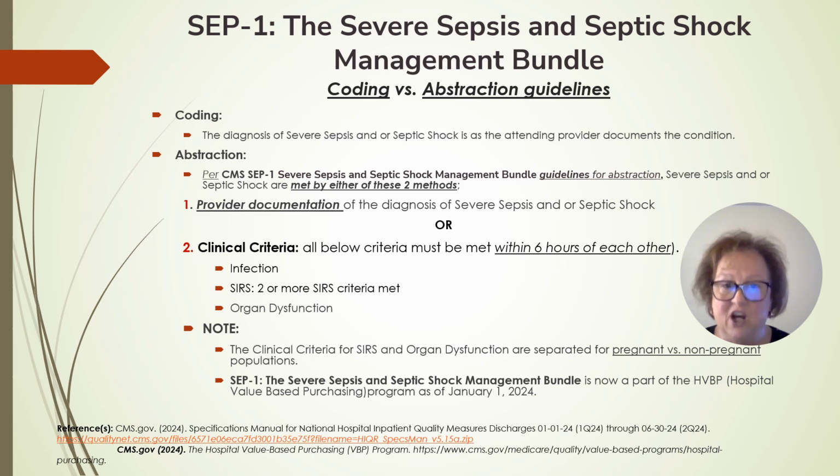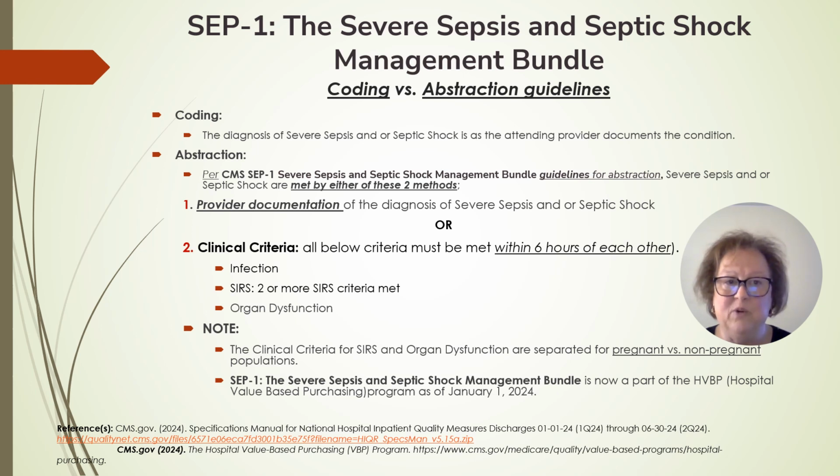The provider documents that the patient has severe sepsis or septic shock, and they automatically qualify to go into the reporting and the abstraction for the core measure. And when I say abstraction, that means that certain elements are adhered to for their guidelines for compliance of ordering blood cultures, lactic acid, antibiotics, etc., in compliance with their timeline.